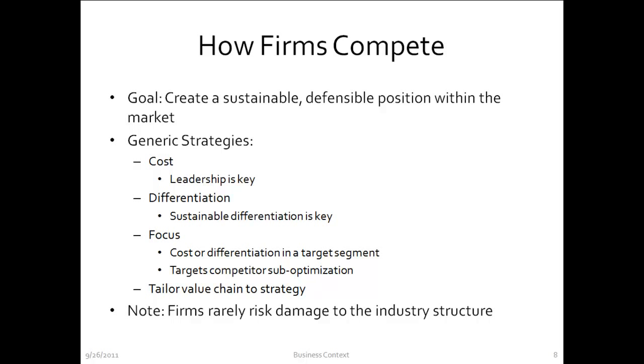Okay, so it's basically targeting a weakness within the businesses within a market segment, and deciding to focus on that.